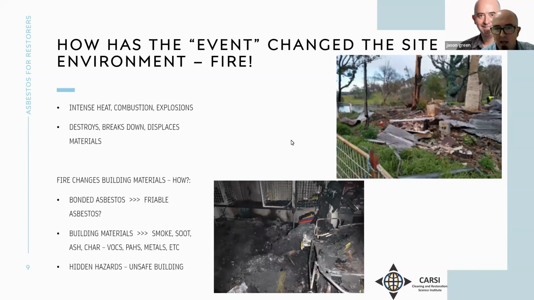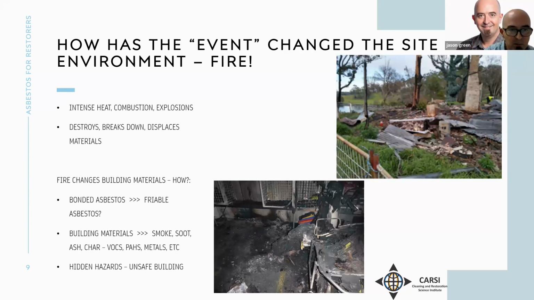When you're looking at fires, as I'm sure some of you on the call have seen before, there's that intense heat, combustion. There could be explosions. These asbestos materials are made to withstand intense heat, but once the fire gets to a high temperature, unfortunately a lot of these asbestos materials can explode, and they could be strewn about the site many meters, many tens, maybe hundreds of meters away from the area where the buildings were initially impacted.